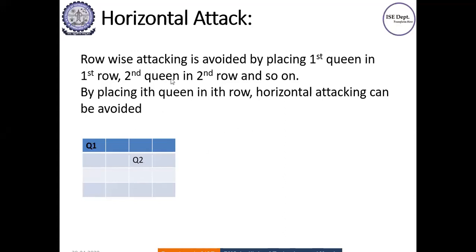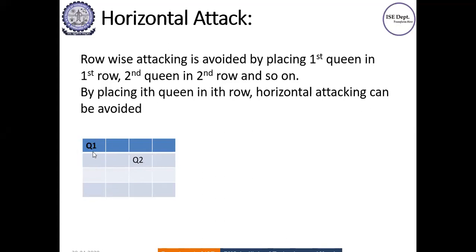Now we will see in detail. We were talking about no two queens being placed in the same row or same column. That is explained in another way: horizontal attack, vertical attack, and diagonal attack. What is horizontal attack? Horizontal attack is nothing but row wise attack. How will you avoid a row wise attack?